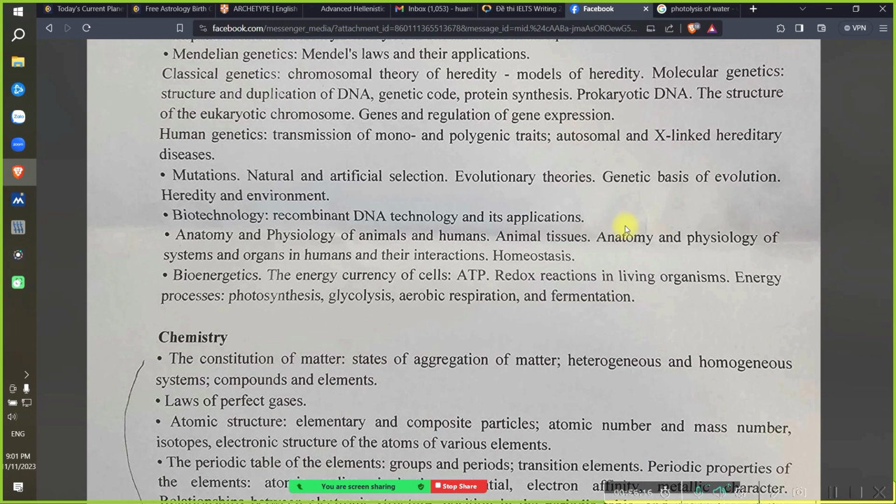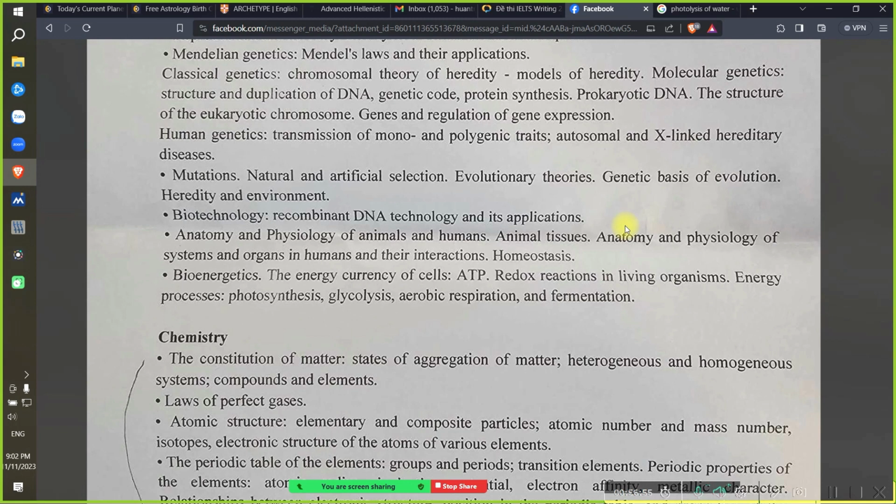So the oxidation involves the loss of electrons. So there has to be a reduction reaction in here. So we have water is oxidized into oxygen gas, and in this phase, there's also a reaction of NADP plus.